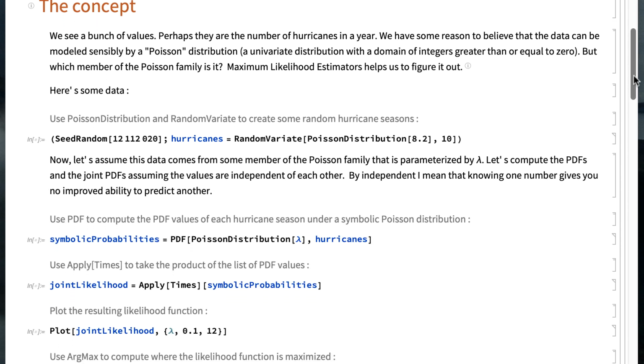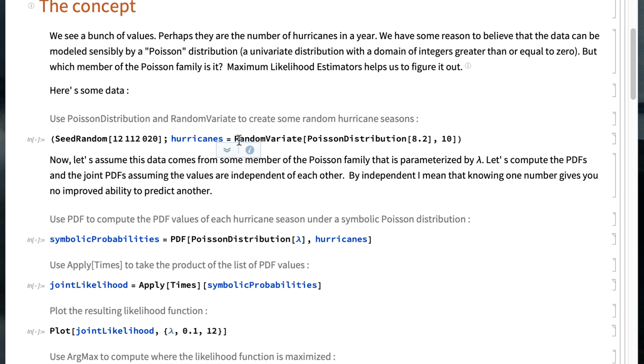Supposing we see a bunch of values, maybe they're the number of hurricanes in a year, and we have some reason to think that the data could be the outcome of a Poisson distribution, which we haven't seen before, but it's just a univariate distribution, and its distribution domain are the integers greater than or equal to 0. But which member of the Poisson family could it be? And so we can use maximum likelihood estimators to help us figure it out.